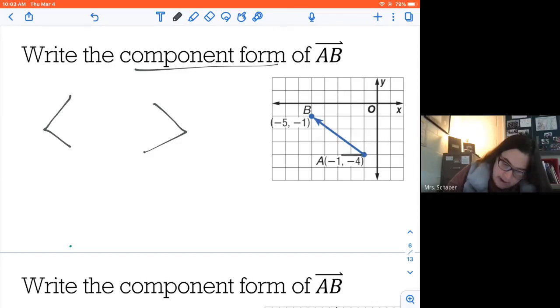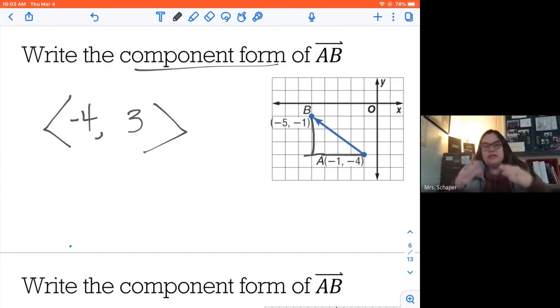I'm going backwards, so I'm changing my x by -4. And then I'm changing my y by 3. So this component form says no matter where you start, you're going to go back 4 and you're going to go up 3. That's what component form tells you.